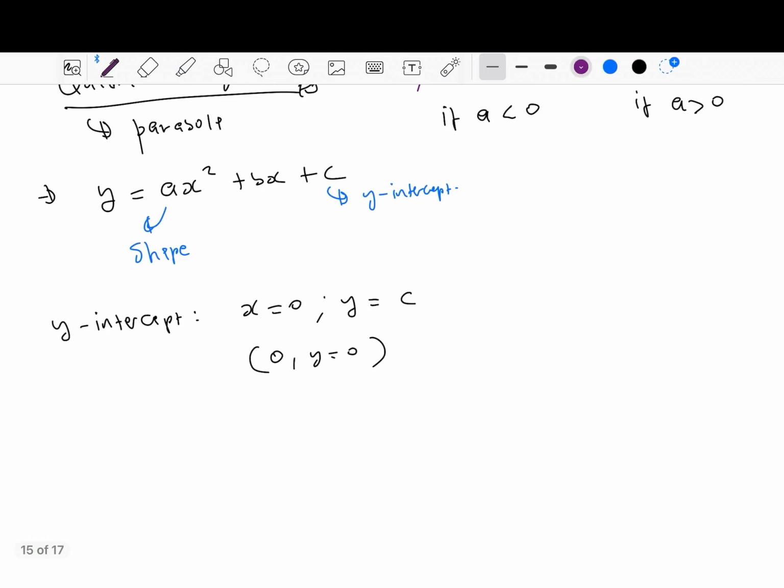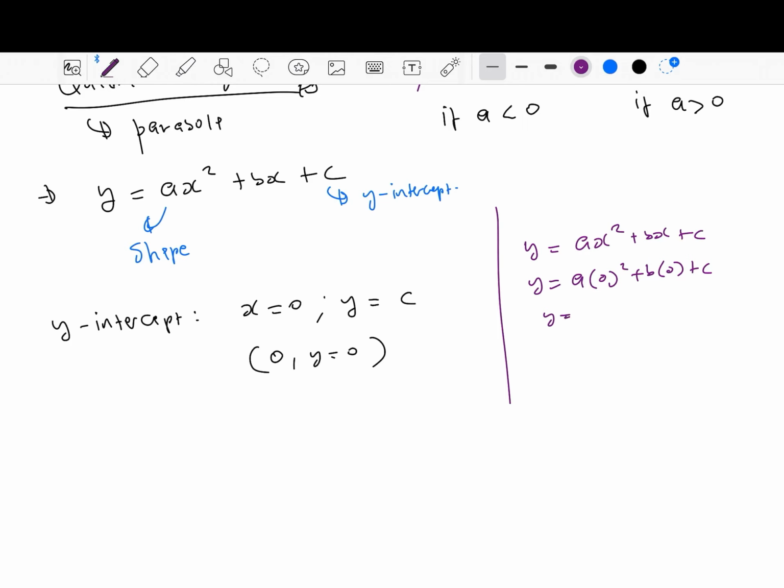We can actually see that in this equation. If you have y is equal to ax squared plus bx plus c, when x is 0, you put 0 in, and you're going to have a times 0 squared plus b times 0 plus c.